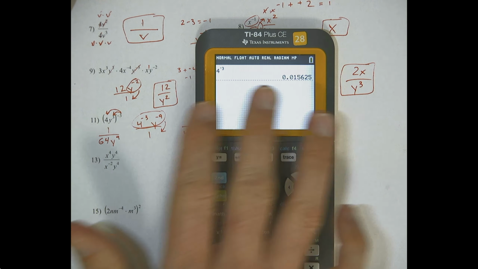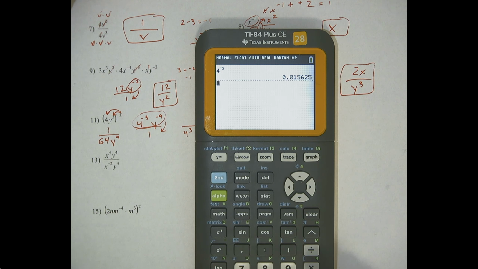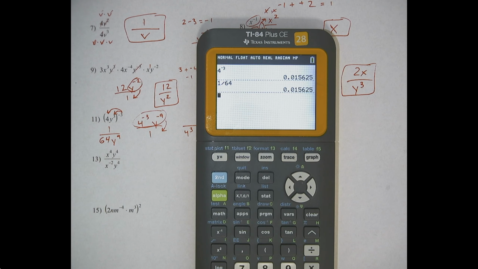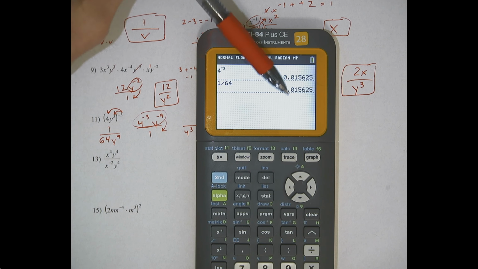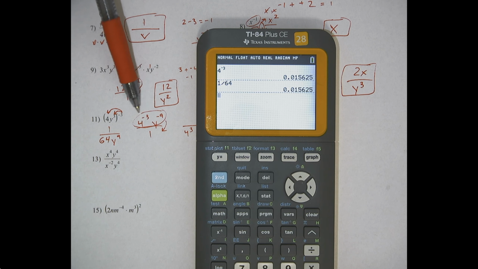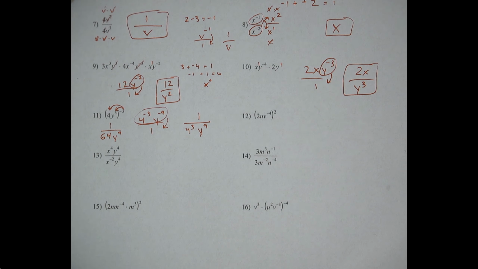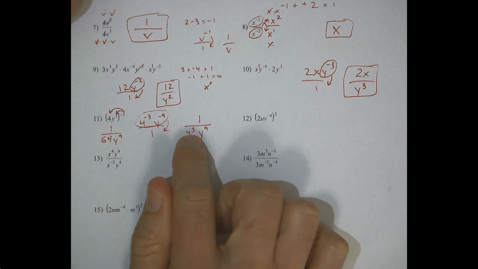It's just not the form that we want for a nice simplified answer. Because if I go ahead and take this fraction, 1 over 64, and do the division, you'll see it's equivalent. It is the same thing. These numbers are the same decimal version, but I don't want this long decimal. I want it as a fraction, 1 over 64. So don't plug in a negative exponent. Move it, make it positive, and then once it's positive, go ahead and expand the positive exponent down there.